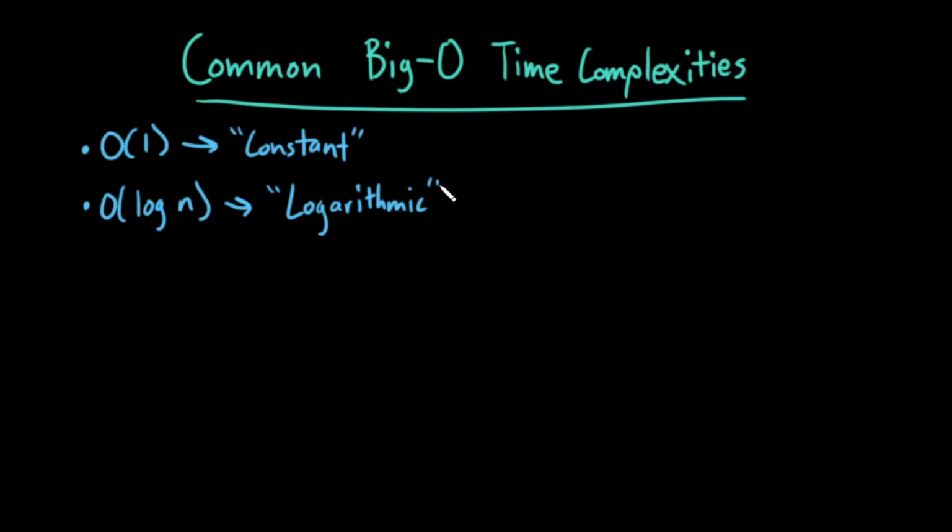So one common logarithmic time algorithm that you've probably seen is binary search. With binary search, if I have 8 elements, it'll take me 3 operations to perform my algorithm. If I double it and have 16 elements, all that'll do is add a single additional check that I have to do. So if I double my input size, or in general multiply my input size by some constant, I would increase the number of operations by some constant.